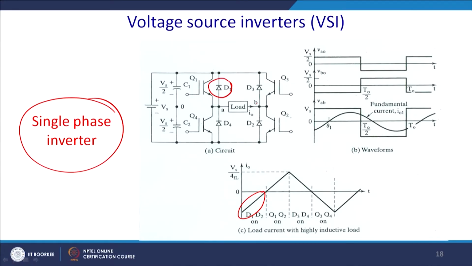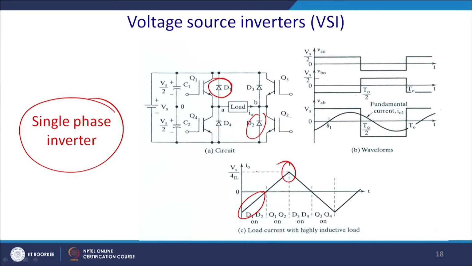When it is ramping in a positive direction, of course Q1 and Q2 are required to bring it up. Till that time, D1 and D2 will come into the picture, and will try to decrease the current close to the 0 value. Thereafter, Q1 and Q2 are triggered, and that will ramp up this current straight away.